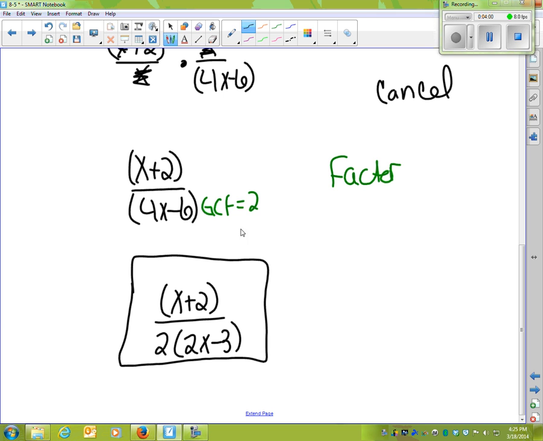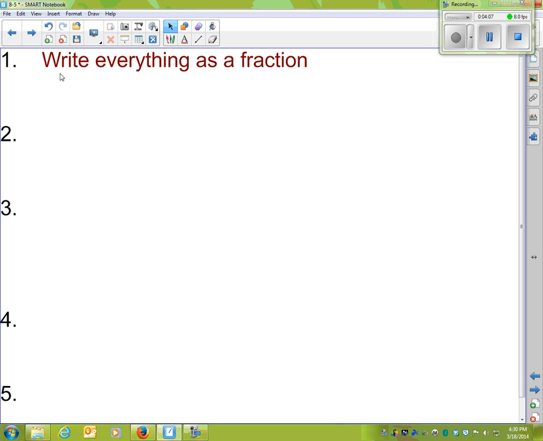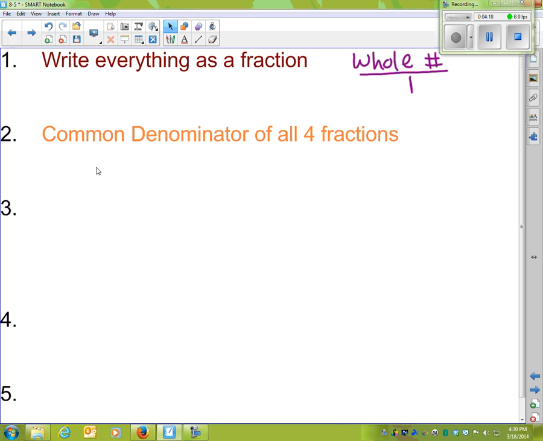All right, so let's talk about the different steps that we took. The first step we took, we wrote everything as a fraction. We took all whole numbers and wrote them as fractions. The next step we took, we found the common denominator of all 4 fractions.